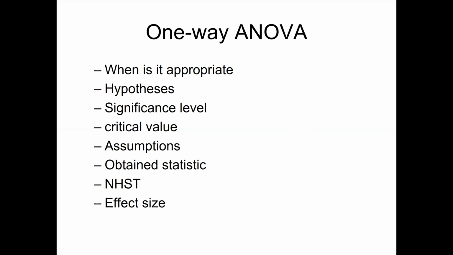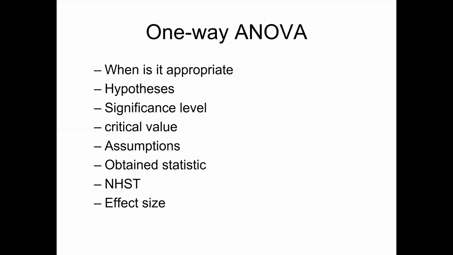So a t-test only does what we call a pairwise comparison at most. It compares one mean to another. So it can't compare among three means. So that's the case where you're going to use an ANOVA.